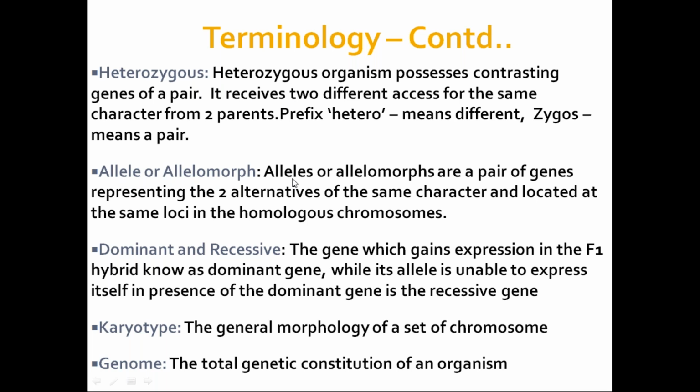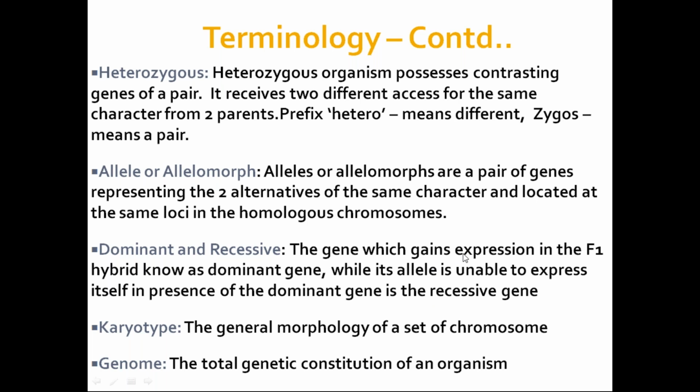Alleles or allelomorphs are a pair of genes representing the 2 alternatives of the same character, located at the same loci in the homologous chromosomes. Next, dominant and recessive. Are you discussing autosomal dominant and autosomal recessive? What is autosomal dominant? What is autosomal recessive?